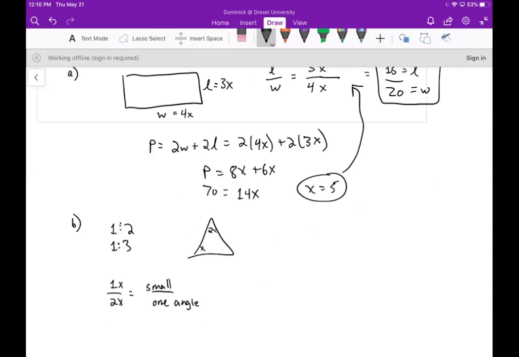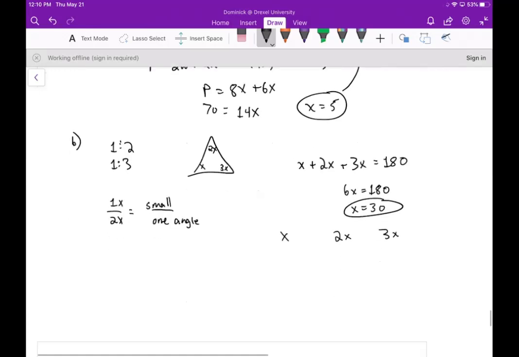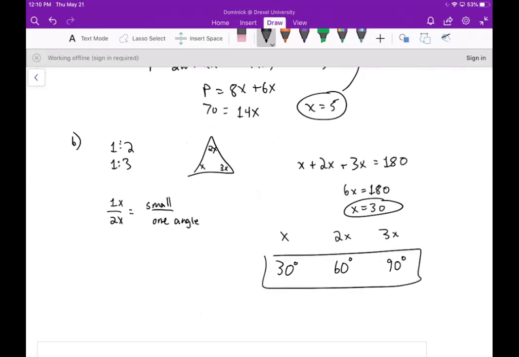So another angle is 2x, and similarly the other one is 3x. So x plus 2x plus 3x equals how many degrees in a triangle? 180. So 6x is 180, and x is equal to 30. If the small angle is x, the next angle is 2x, and the large angle is 3x, then the small angle is 30 degrees, the middle angle is 60 degrees, and the big one is 90 degrees. That's the solution for that one.